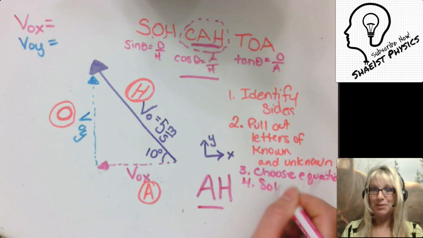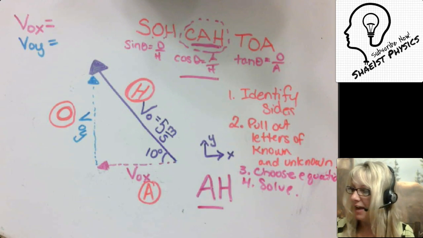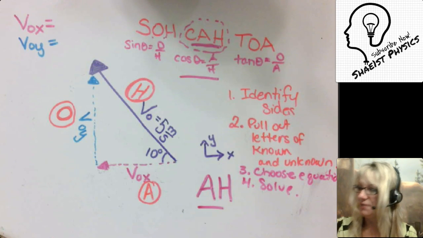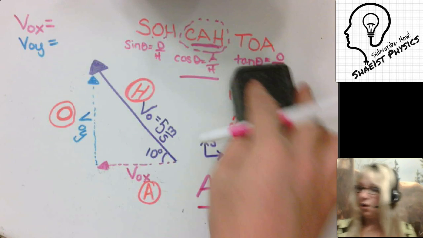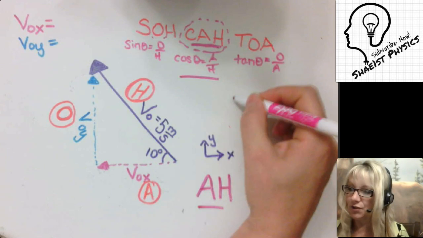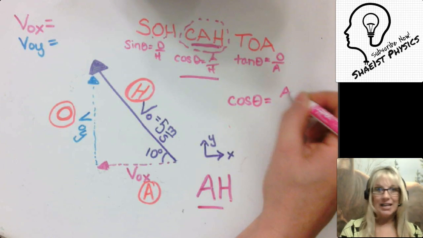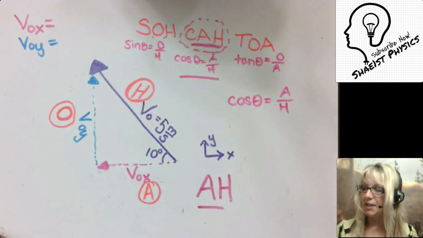So those are our steps. I'm going to erase that so we have some more room to write. But I'm now going to use my cosine theta. I always tell my students, you should always write down the original equation first. That way, if you do make a mistake, you can go back and easily determine where your mistake was made.